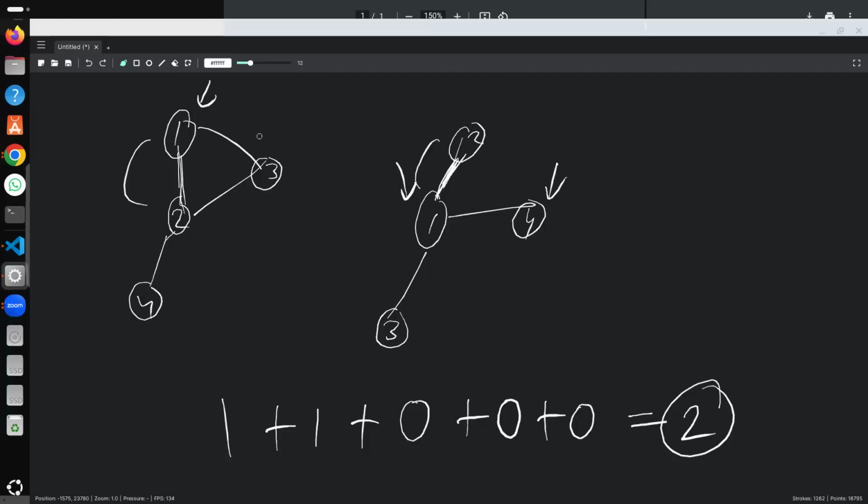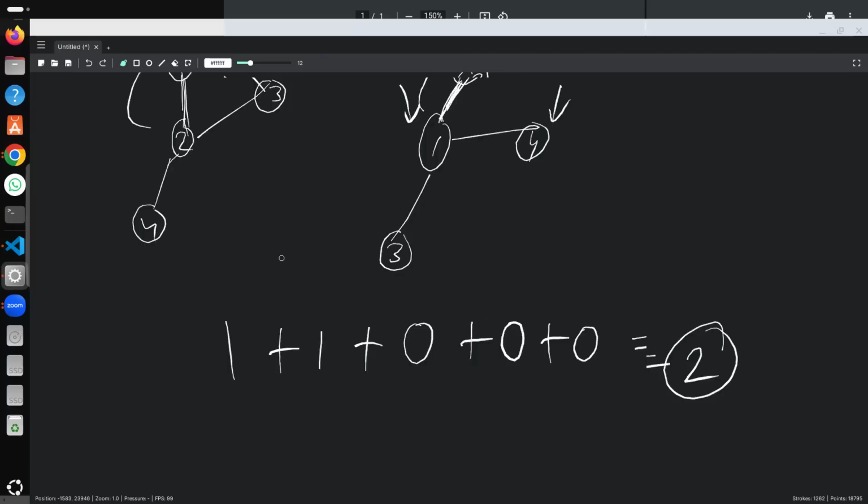And the answer is not infinite. But if they cannot end up at that edge, then the answer is infinite. So if there is no common edge, then the answer is infinite. But it can happen that there is a common edge, but the answer is still infinite.